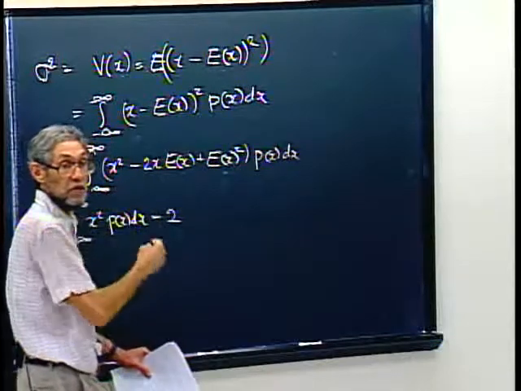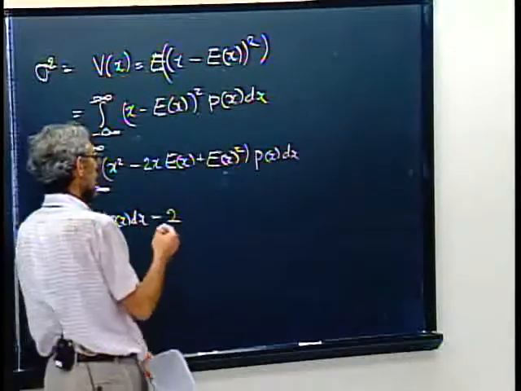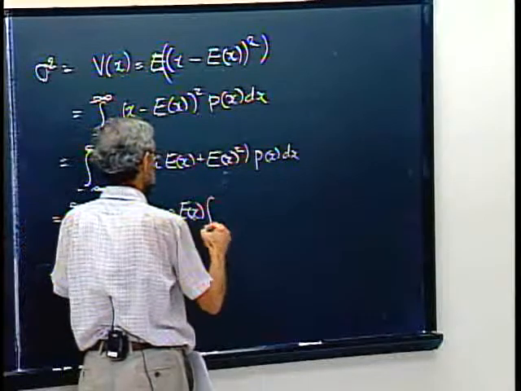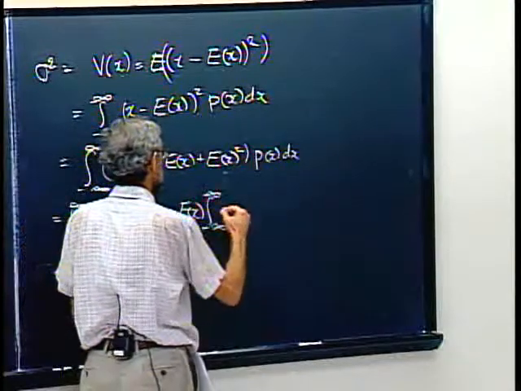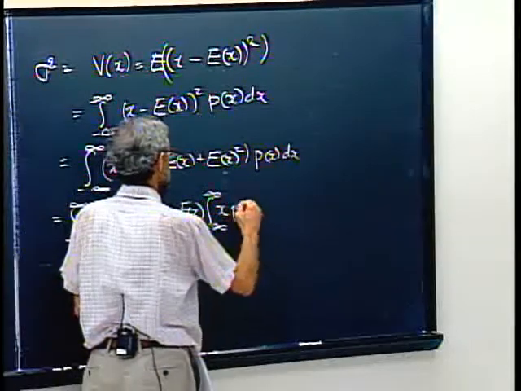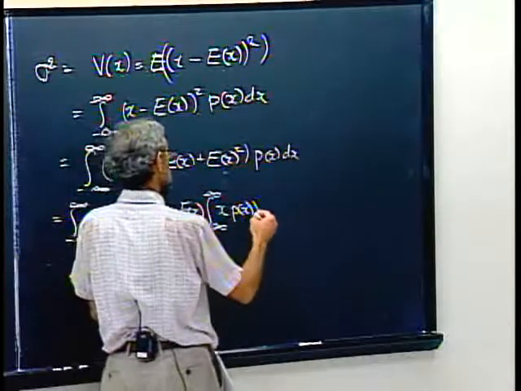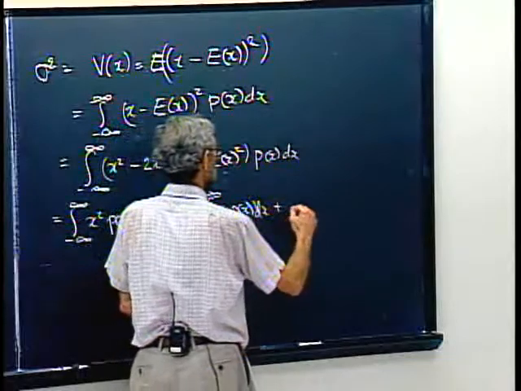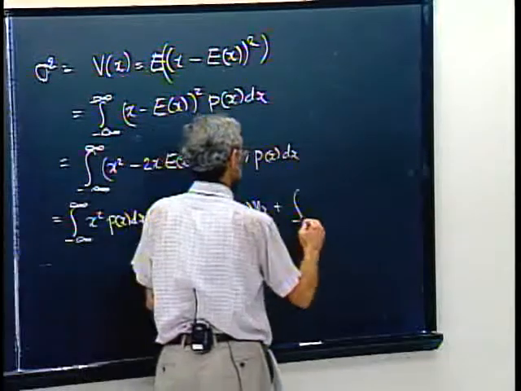It's a sort of a continuous version of the distributive law. So twice E of x, that constant, times the integral from minus infinity to infinity of x times p of x dx plus the integral from minus infinity.